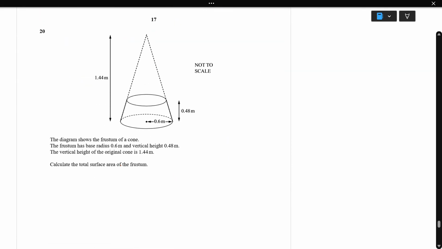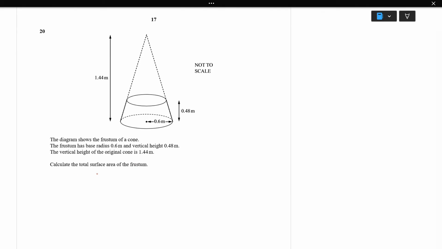Next, question 20. The diagram shows the frustum. So they removed a cone from the big cone. The frustum radius 0.6 is given, the vertical height is 0.48, and the original cone height is 1.44.